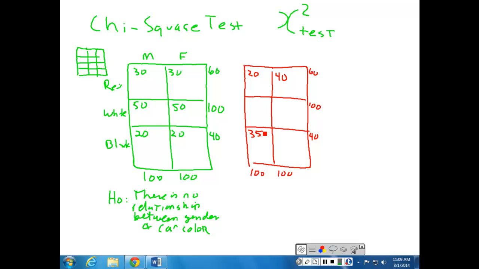Let me change that. So let's just say we came up with those numbers. This is what I actually observed.